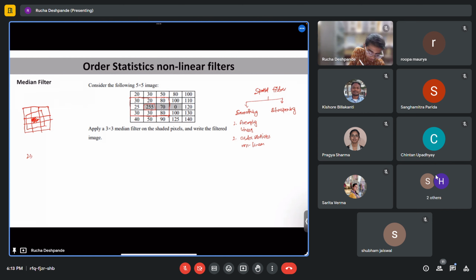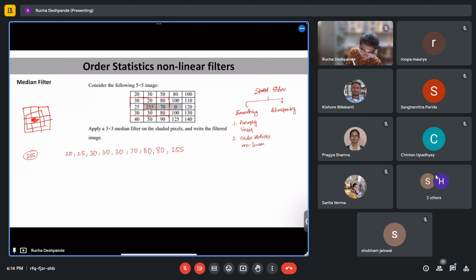So for 255, we have this ascending order, and since these are 9 pixels, the fifth pixel would be the median one.